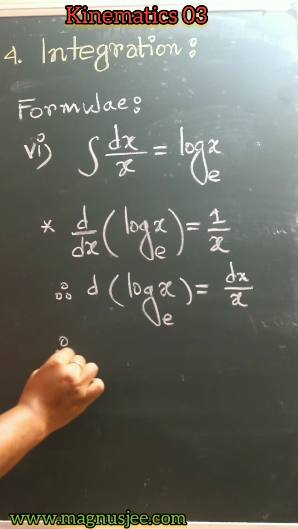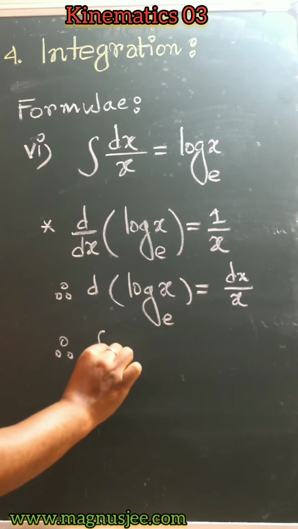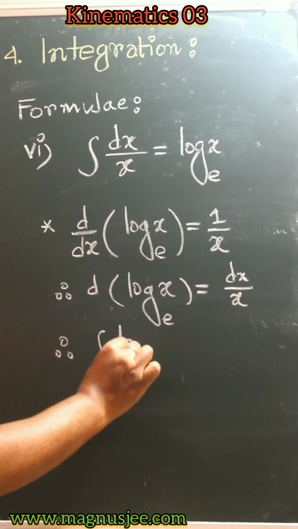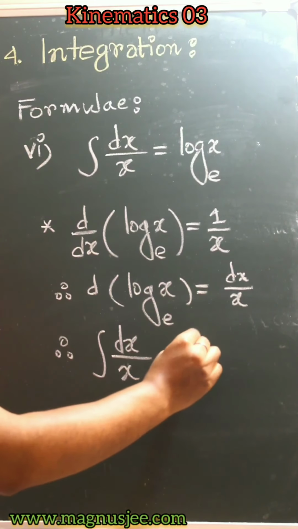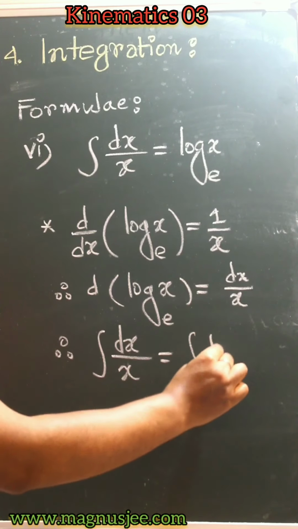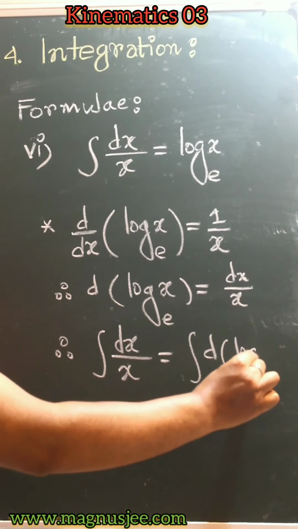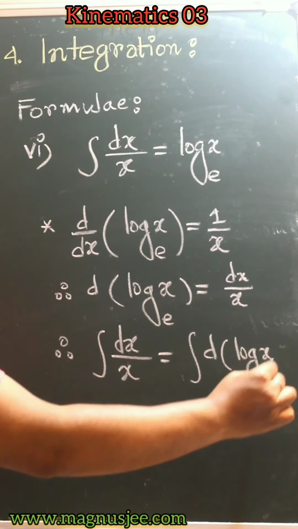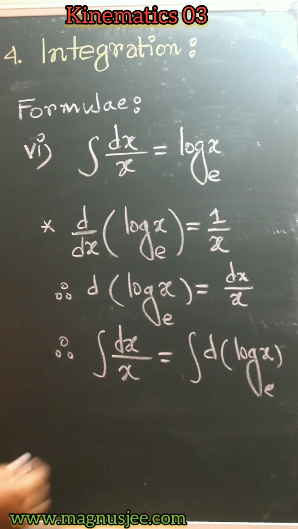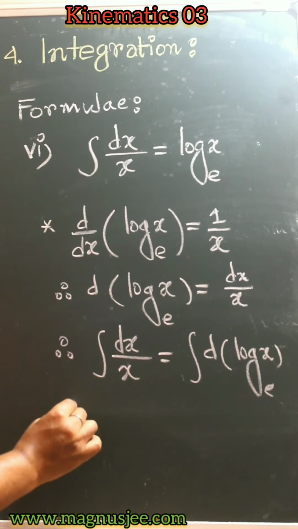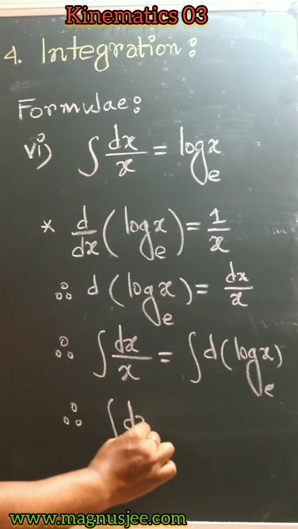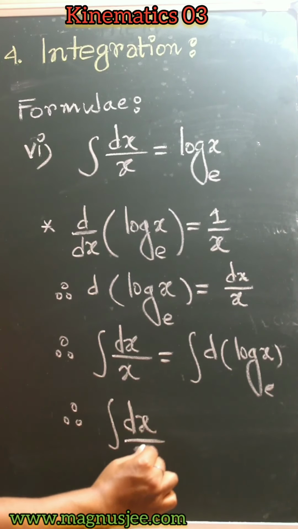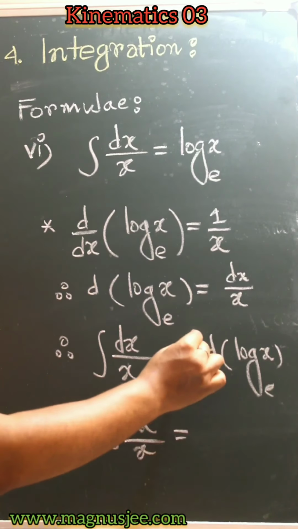So integrating both sides, we get integration dx by x equals integration d of log x base e. Therefore, integration dx by x equals log x base e.